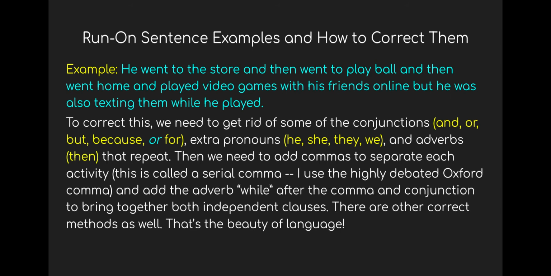Then we need to add commas to separate each activity. This is called a serial comma. So when you have a list and you separate each item with a comma, that's called a serial comma. Also, I use the highly debated Oxford comma.